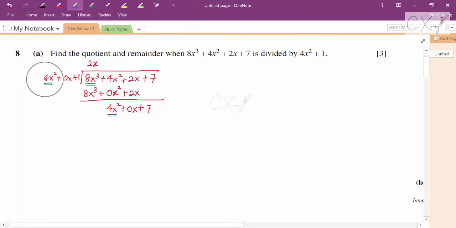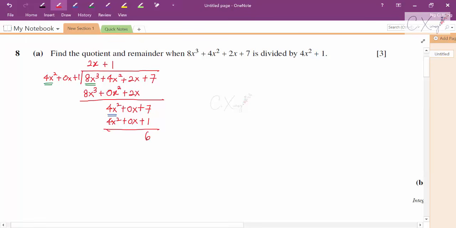Something multiplied with the 4x squared to get the 4x squared. So what is the something here? It should be plus 1, right? So 1 multiplied with 4x squared, I'm having 4x squared. 1 multiplied with 0x, you get 0x. And then 1 multiplied with 1, you get 1.